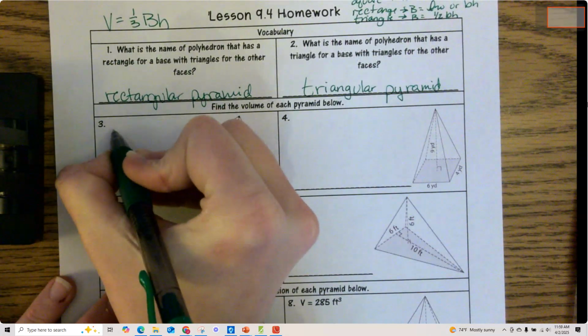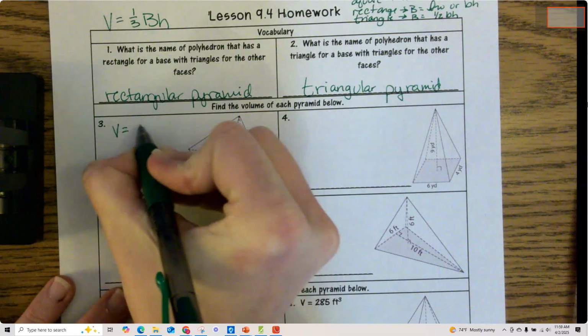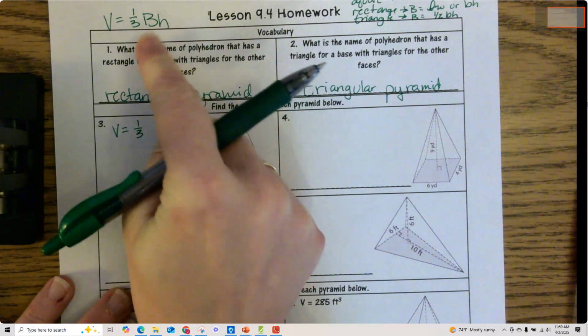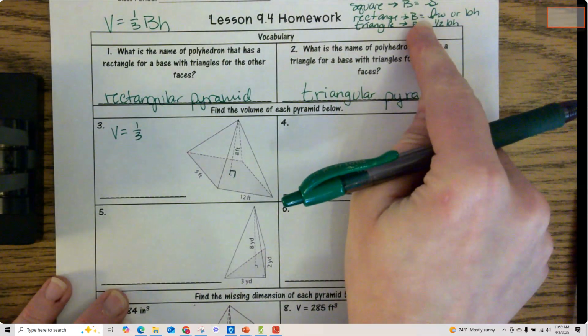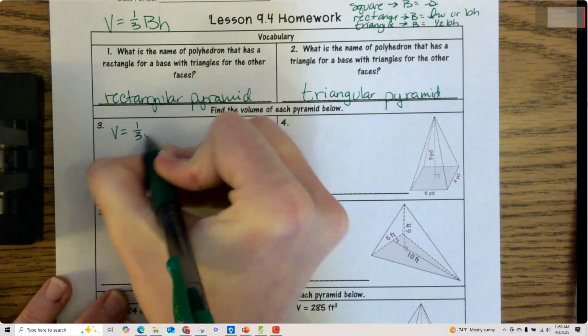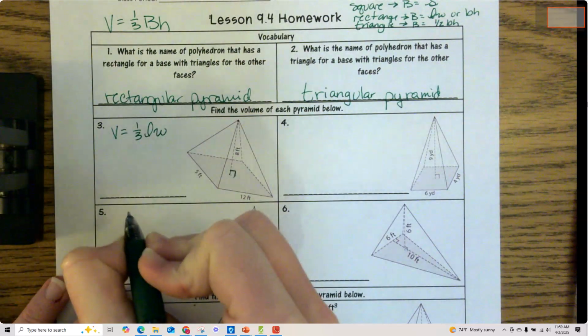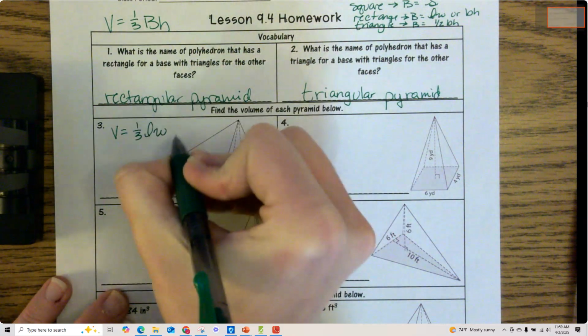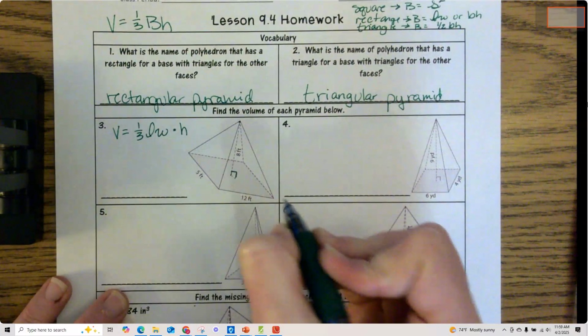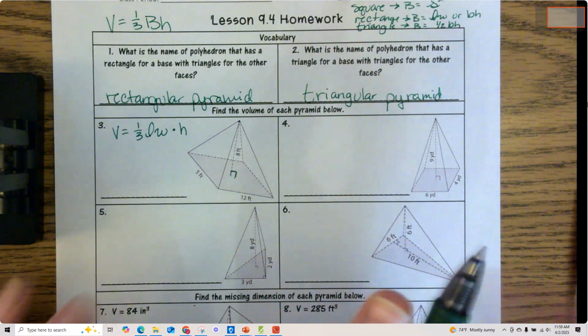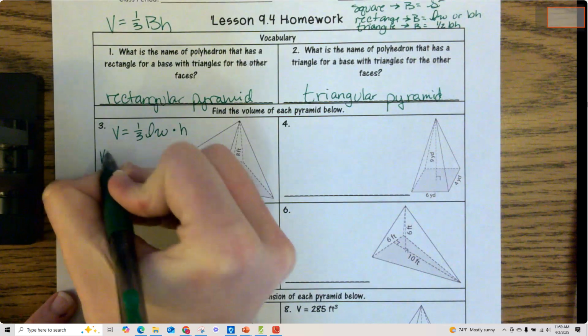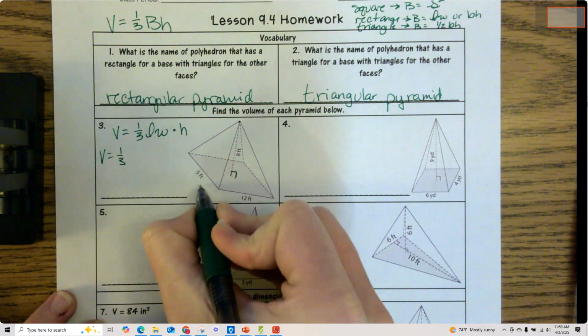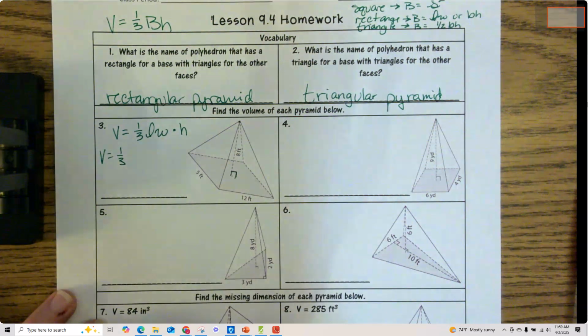So we're going to do volume equals 1/3. So big B is a rectangle. So we're going to do 1/3 length times width, and then times the height, which is the height of the pyramid. Plug numbers in. So it does not matter which one is length, which one is width.